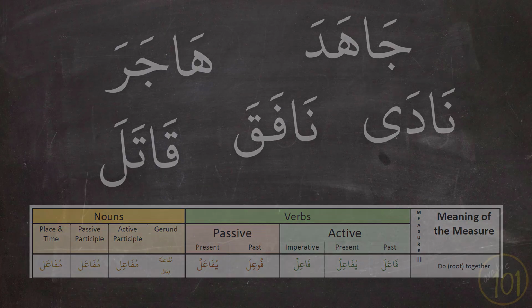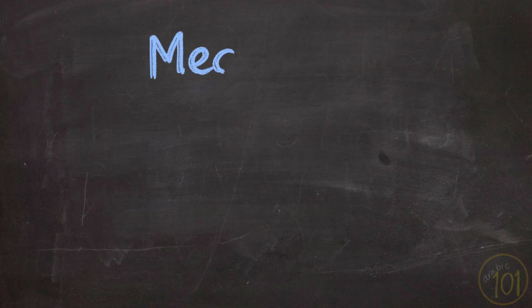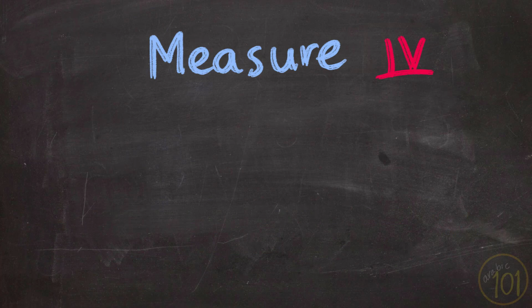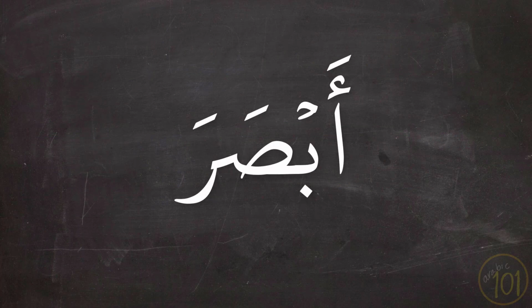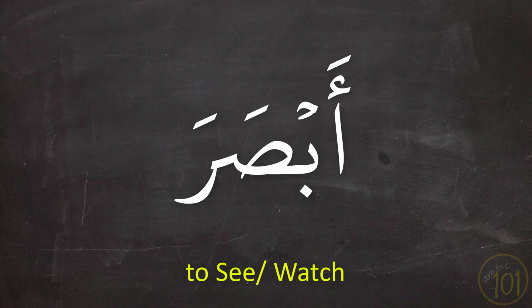And coming up next is the list of verbs that belong to form number 4. And this means that all the coming verbs will make use of these patterns, because these patterns are the patterns of form number 4. The first of these verbs is أبصر, which means to see or watch.